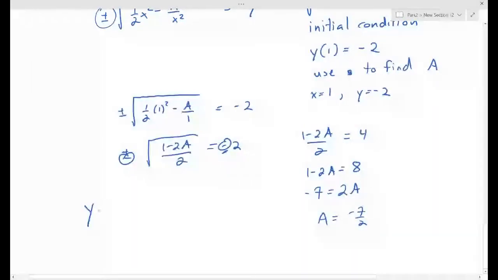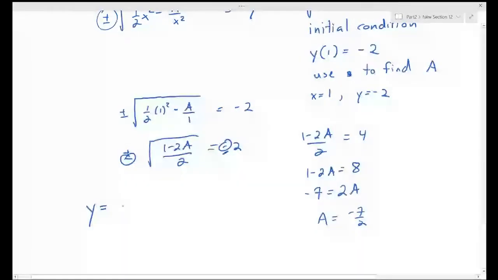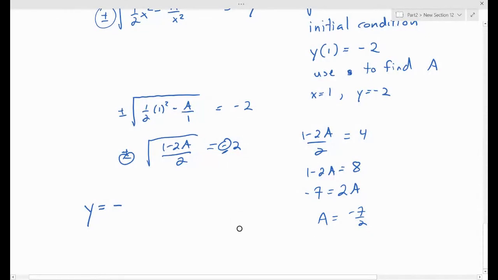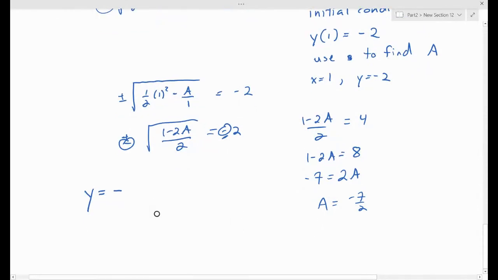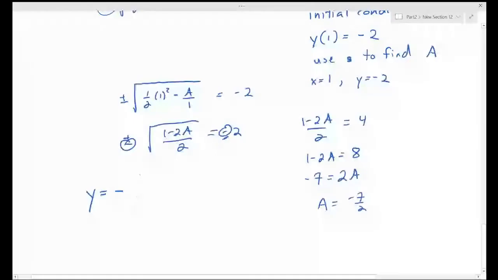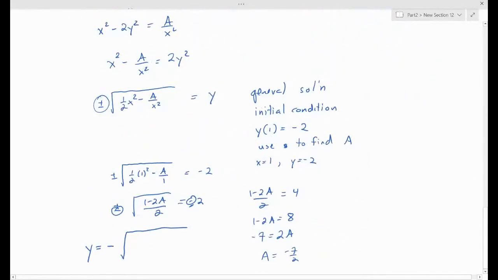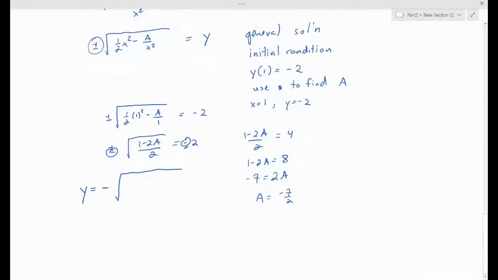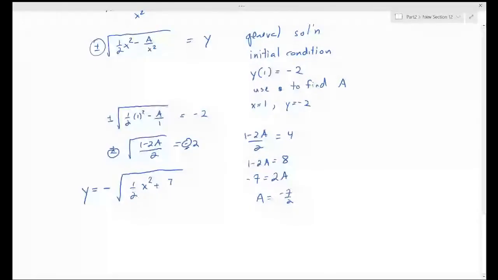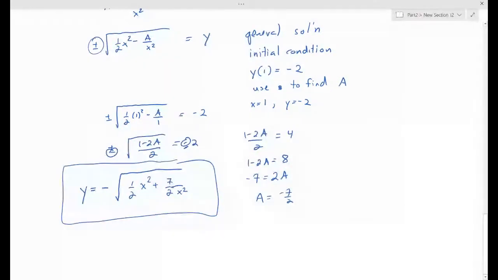Right, but now you can say that y is equal to the negative, to ensure that the initial condition is satisfied, of the square root of one half x squared plus 7/2, divided by x squared. And that would be a particular solution satisfying the differential equation with the given initial condition.